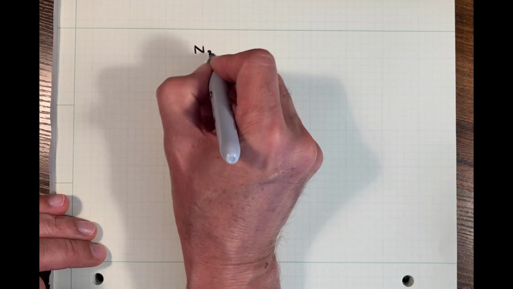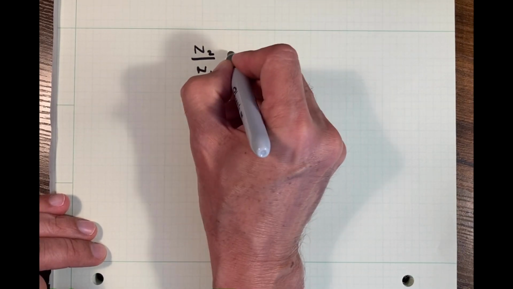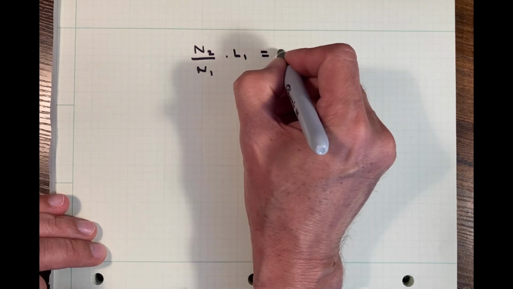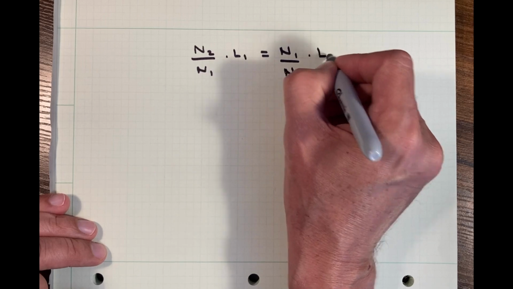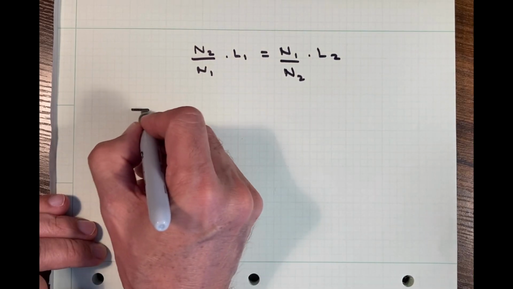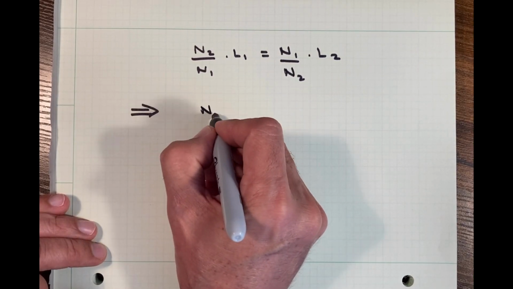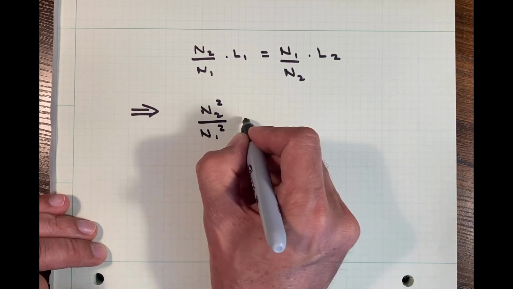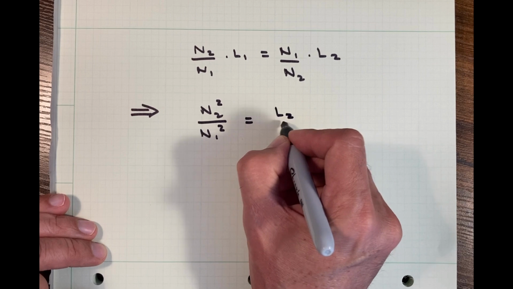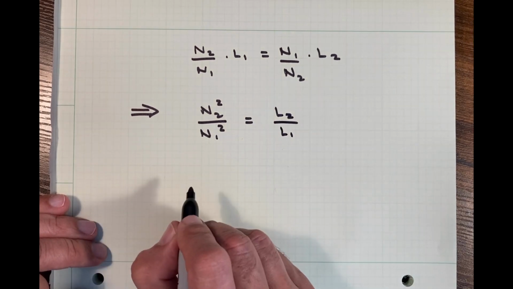N2 over N1 times L1 equals N1 over N2 times L2. This implies that N2 squared divided by N1 squared equals L2 over L1.